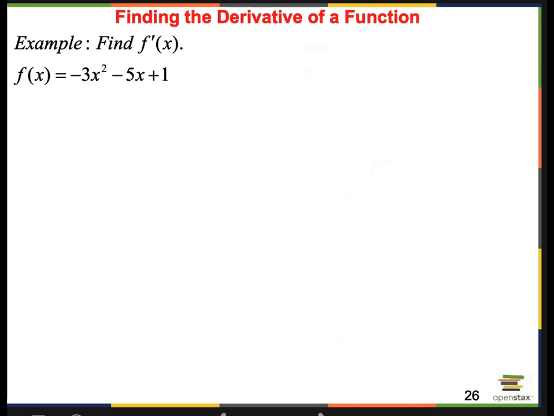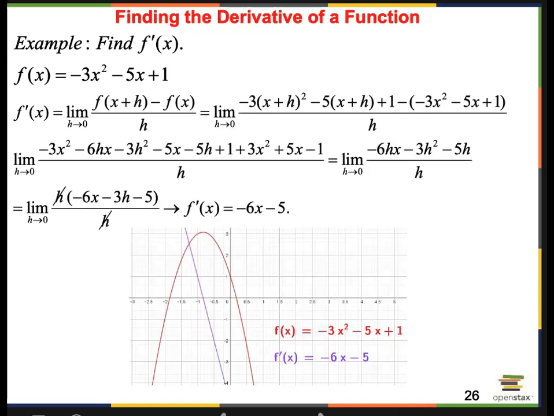All right, so let's look at an example. We want to find the derivative using this particular definition of a derivative, the limit of a difference quotient. And so what we do, here we have our difference quotient, which is f prime of x, and we're going to plug in wherever our function has an x, we're going to put x plus h.